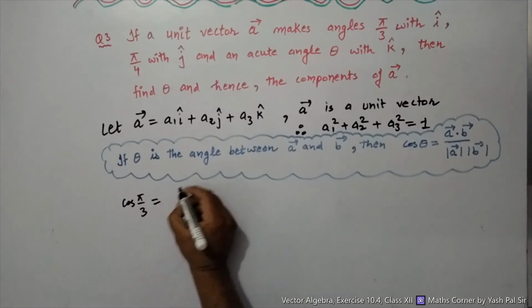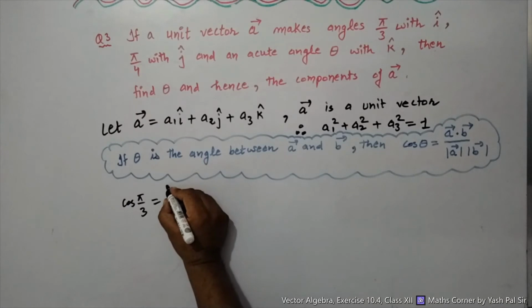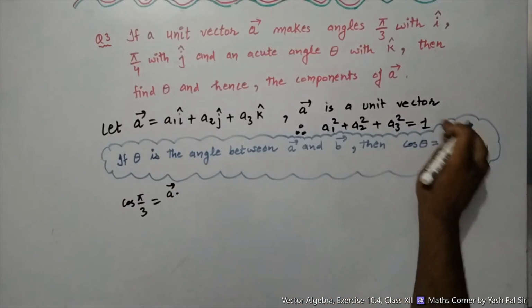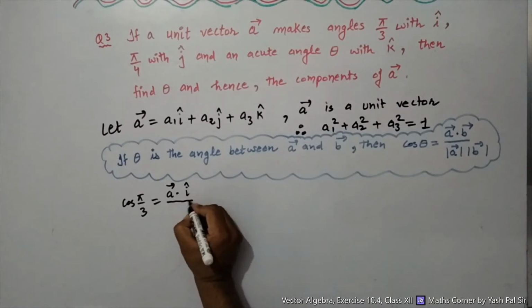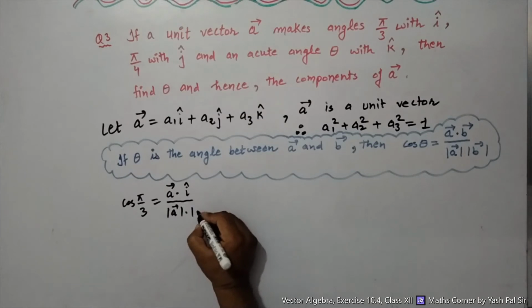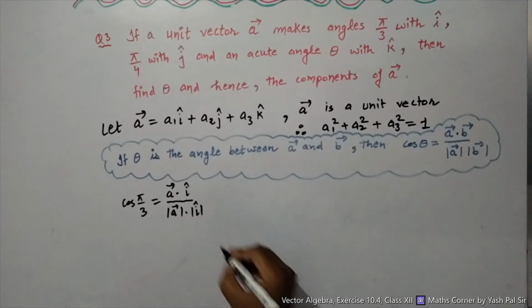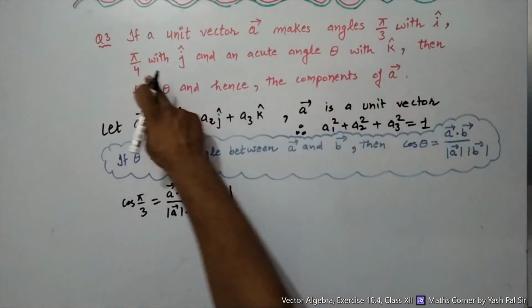So here the very first thing, vector A makes angle pi by 3 with i. So cos pi by 3 is equal to vector A dot i cap, divided by magnitude of vector A into magnitude of unit vector i.